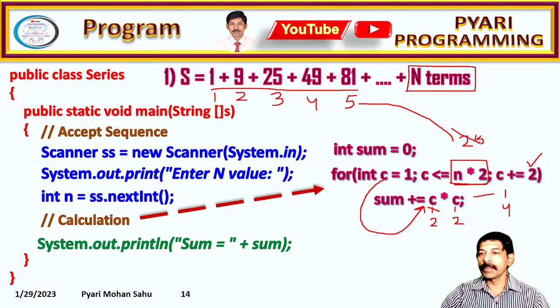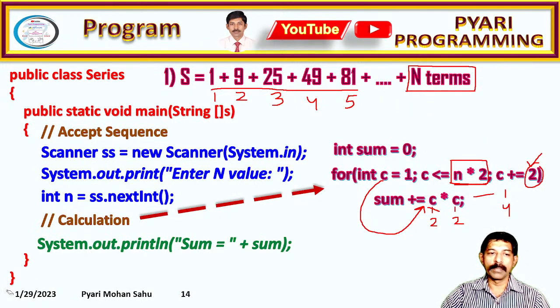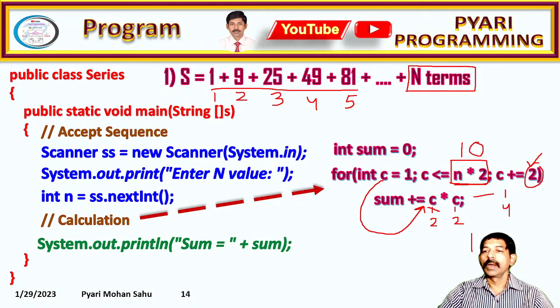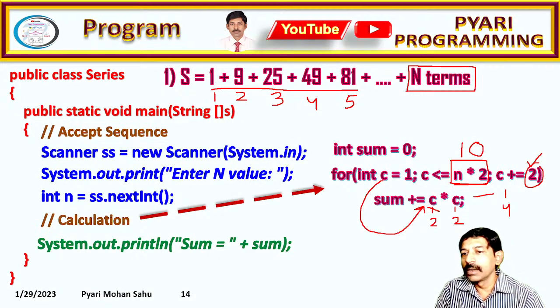Sorry, how will 25 happen? Step 2 is going, so this will be 10. I am just removing. Step 2 is going, so it will be 10 here. This will be your 10 now. Any doubt why I have given n into 2, sir?